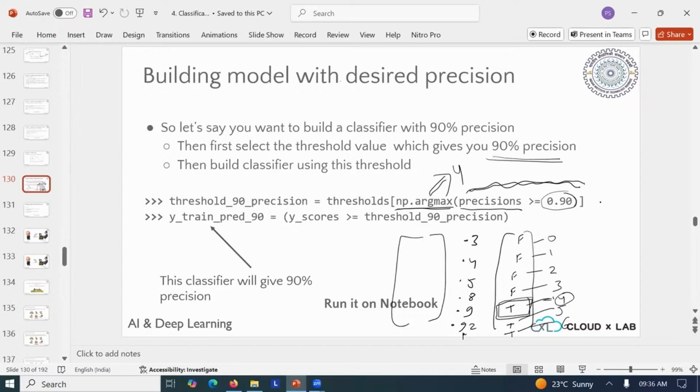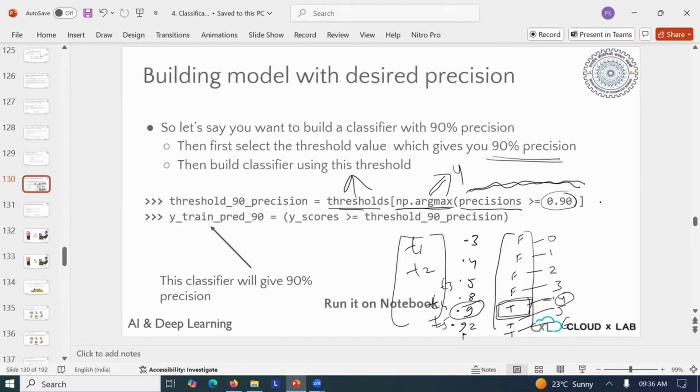For threshold 1 we will have this value, for threshold 2 we will have 0.4 precision, for threshold 3 this value. So for the fourth index we will get that threshold T4 — T1, T2, T3, T4, T5. For that particular index we get the threshold value, and if we use this threshold value, we will get the desired precision, right?